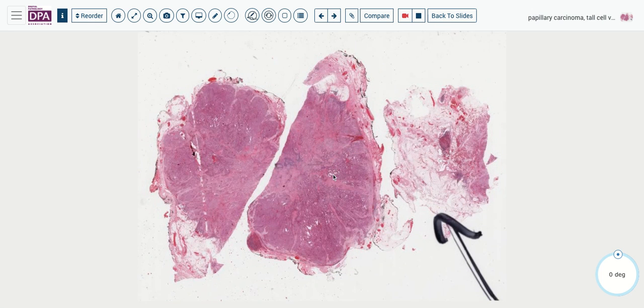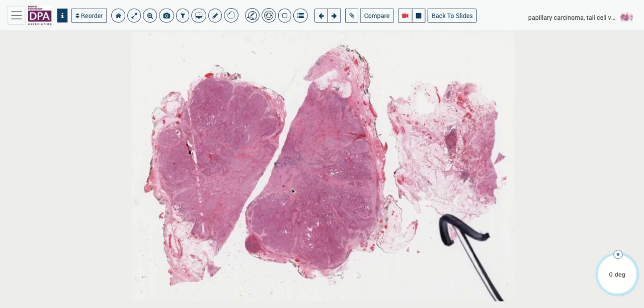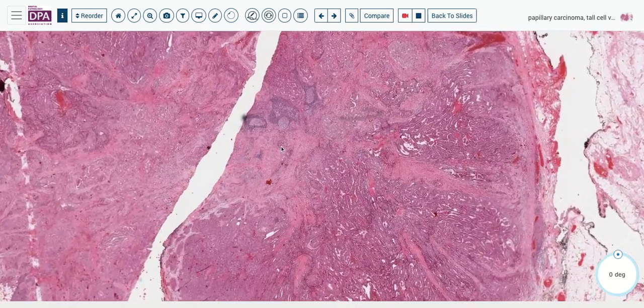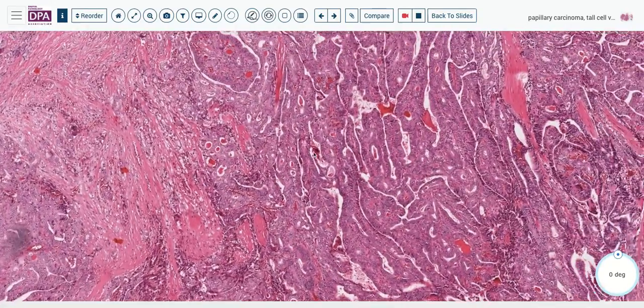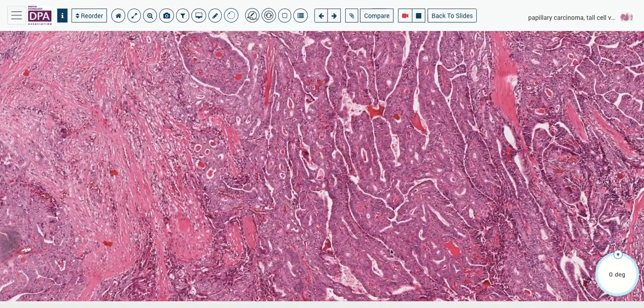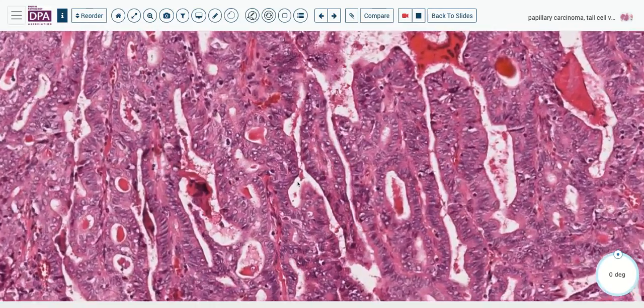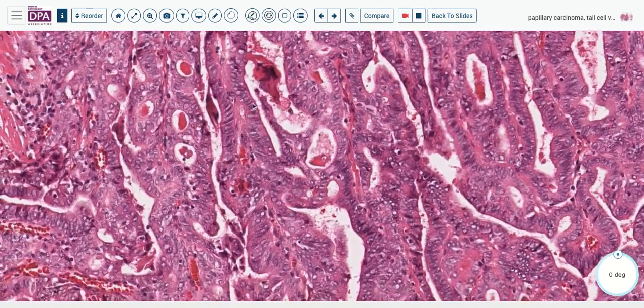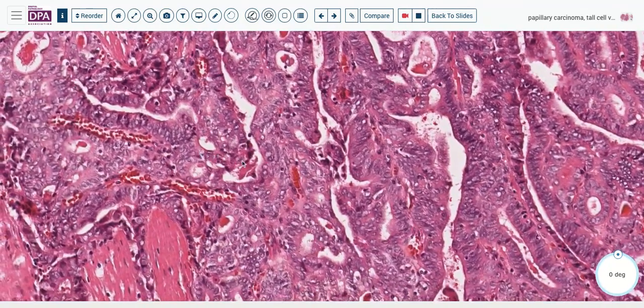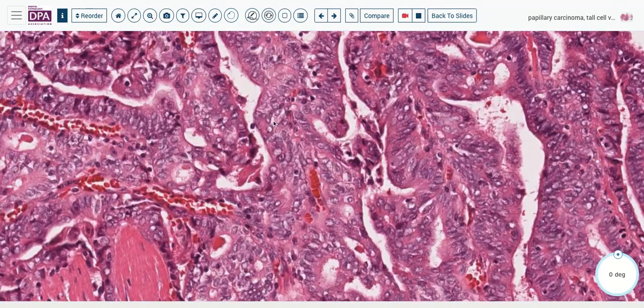So let's look at another example here. Here we can see one that's sort of extending and sclerosing into the surrounding tissues. Again, here we see some follicular structures, but some very elongated papillae type of tissue here. And again, these are rather narrow cells and fairly tall. We can clearly see the nuclear features with clearing, grooves, and so forth.